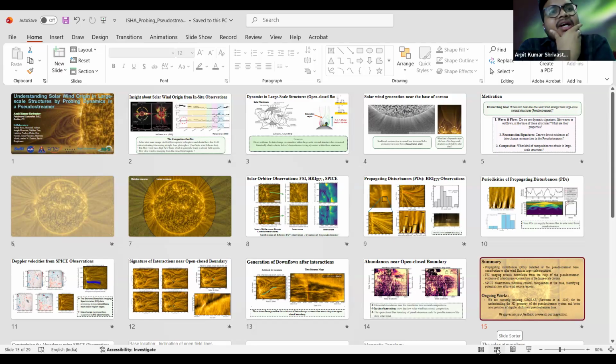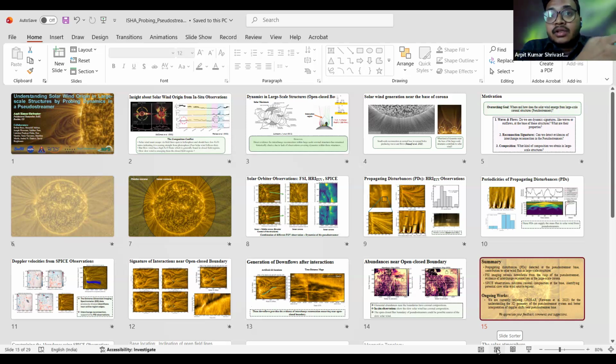No, so PDs are kind of ubiquitous in several structures in the solar corona. How they originate, I would just give a spoiler that there is no consensus in the community regarding their origin. It's highly debatable right now, but there are a few possible scenarios, like quasi-periodic high speed upflows which can generate these PDs.